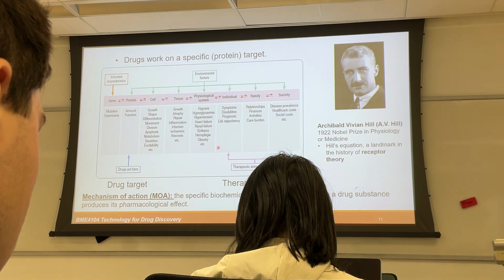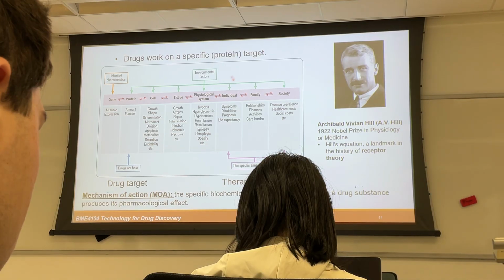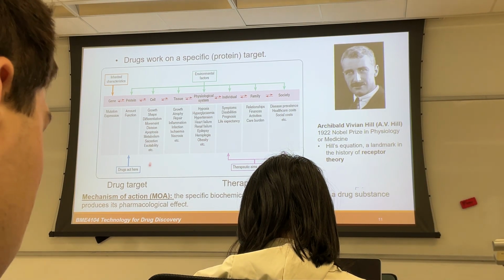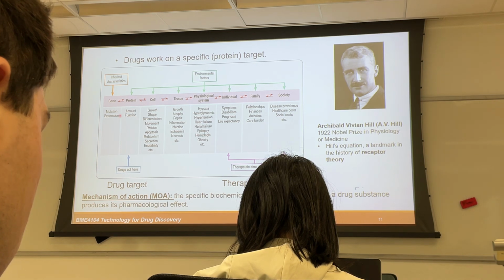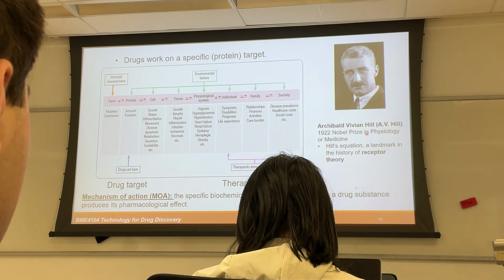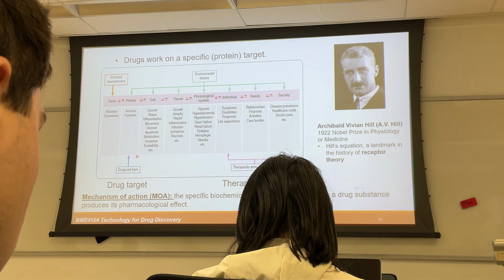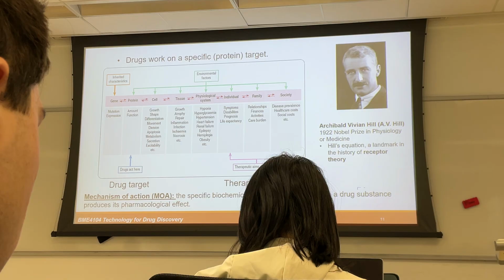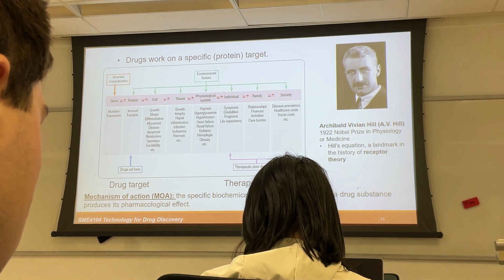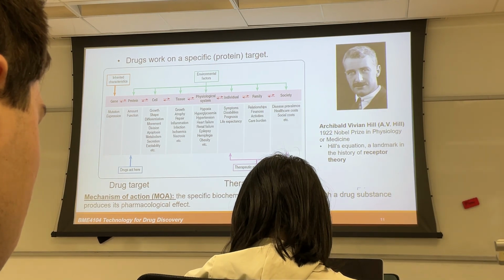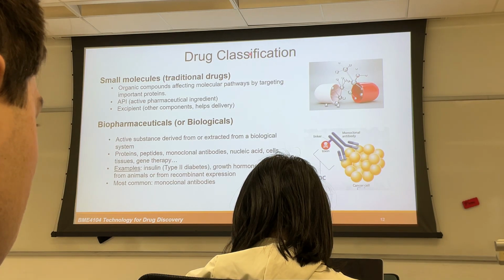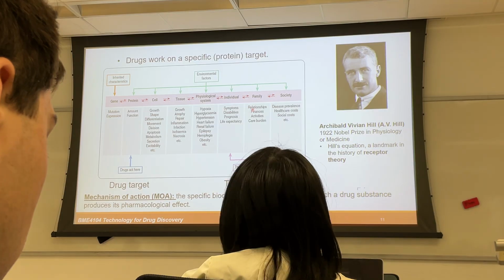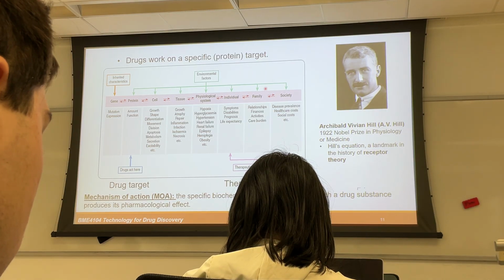This is the concept of receptor theory. The drug can be thought of as a ligand, and our protein can be thought of as a receptor. Once these two interact with each other, the drug will interfere with how the protein functions and change its function, and eventually this goes up the chart and influences the individual and the society.